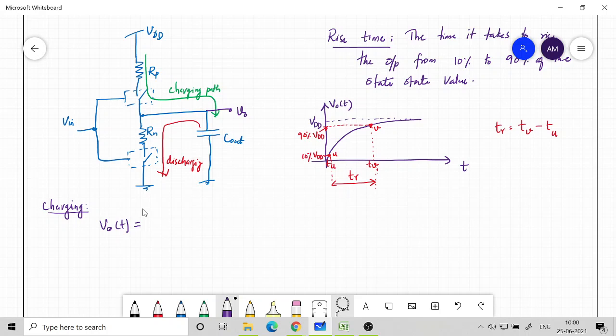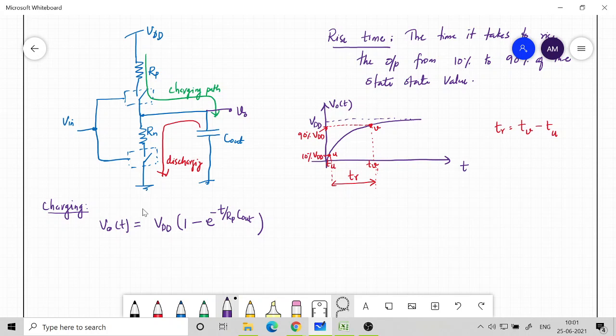So what is it equal to? Finally the steady state has to become VDD. So it is going to be VDD into 1 minus e raised to minus t by time constant, which is given by RP C out.